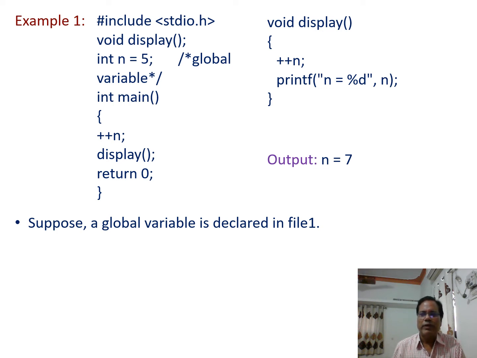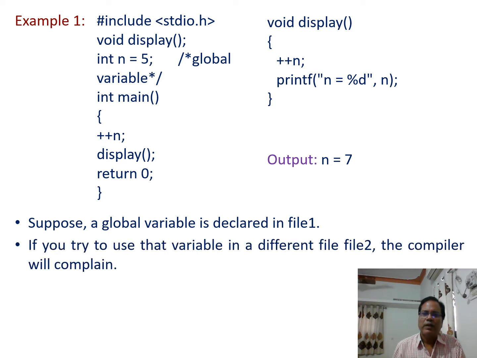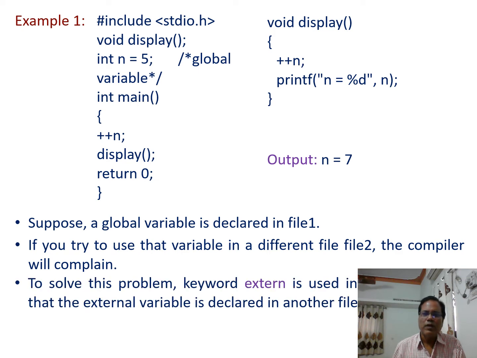Suppose a global variable is declared in file 1. Instead of two functions in a program, if we have two files in which this global variable is declared, then we can access the same variable in the other file. If you try to use that variable in a different file, the compiler will complain.